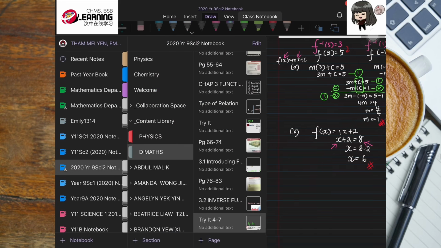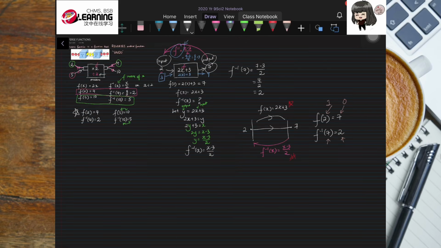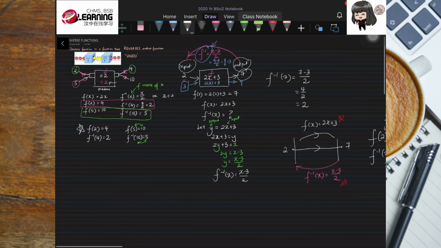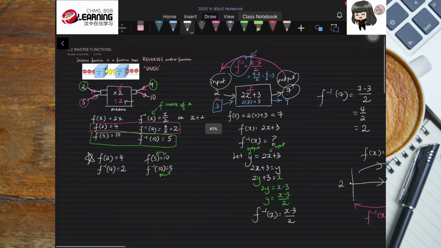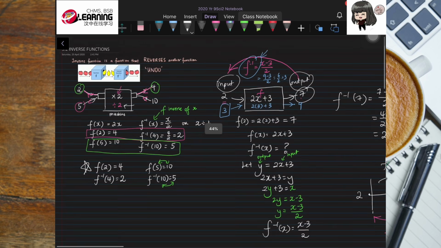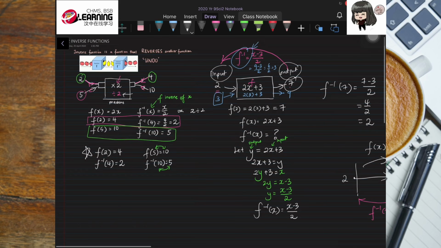Okay, so for now, after you have finished all these Try Its, you copy all this into your notebook. Some of you may ask, how am I going to copy these inverse functions notes here? Okay, you copy according to your own understanding.